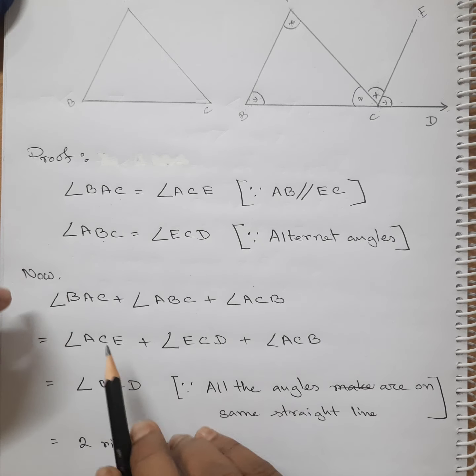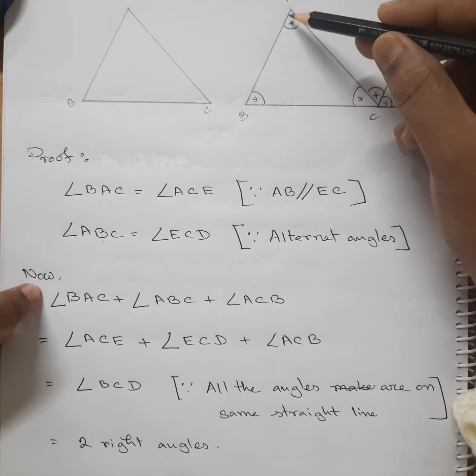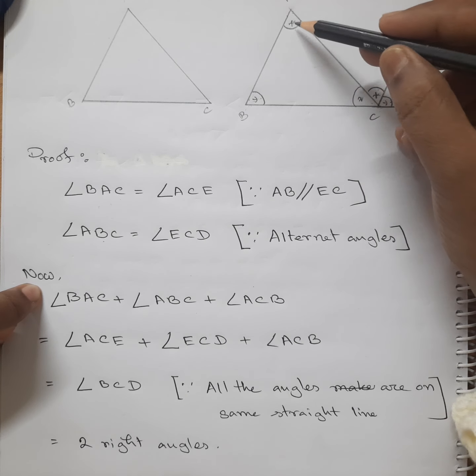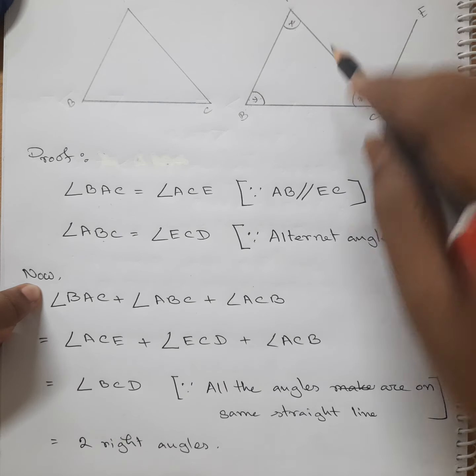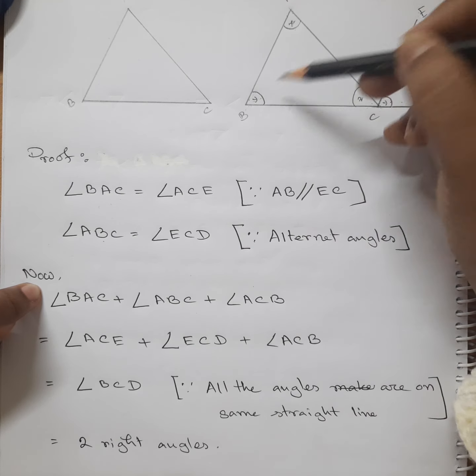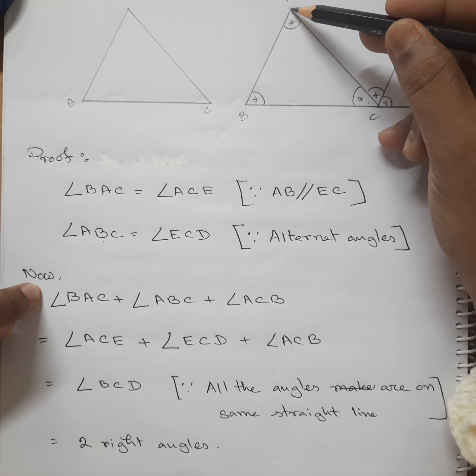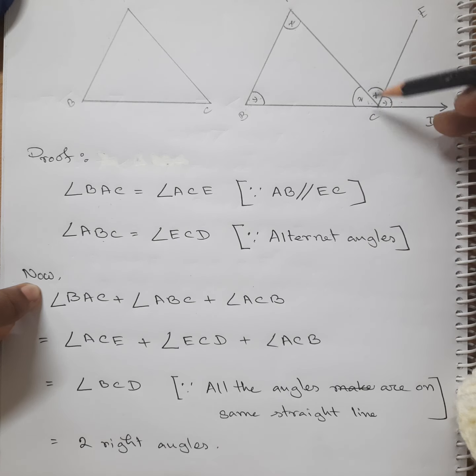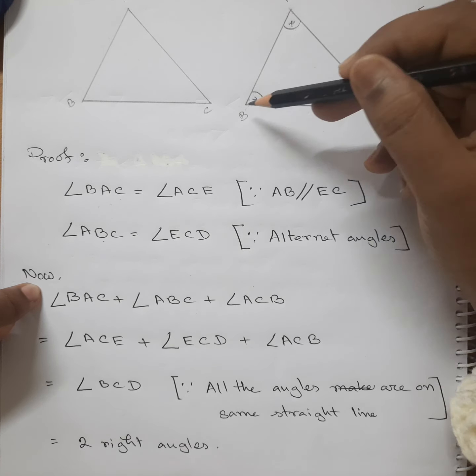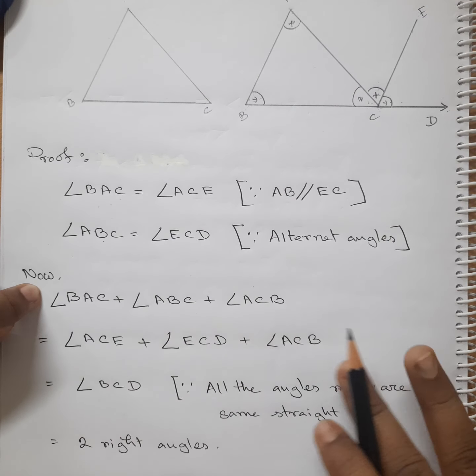Now we are going to add all the angles of triangle ABC, so adding angle A, angle B and angle C. I'm saying ABC, but you know that angle A is called BAC, angle B is called ABC, and angle C is ACB. In short, I am going to go for A, B, C.